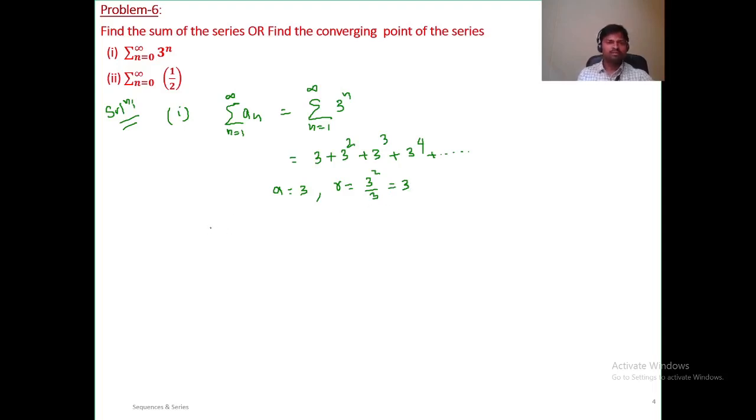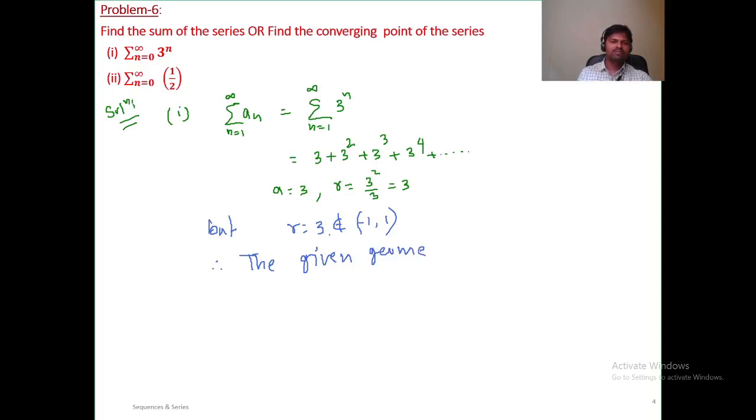But here r is equal to 3, and it does not lie in the interval minus 1 to plus 1. It has to be between minus 1 and plus 1, but r is equal to 3. So therefore, the given geometric series is a geometric series only, but the condition is not satisfied. Modulus of r should be less than 1, right? But it is not less than 1.